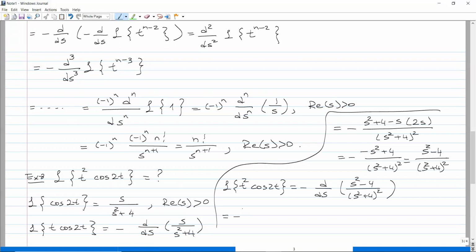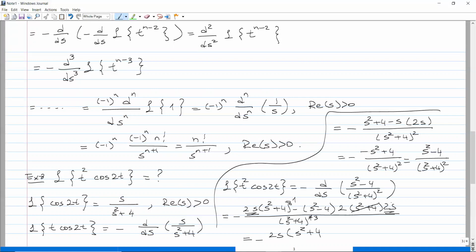Okay, so derivative of the numerator 2s times denominator minus the numerator times the derivative of the denominator, over denominator squared. And if you simplify s squared plus 4s and factor out the 2s in the numerator, in the first part I have s squared plus 4.